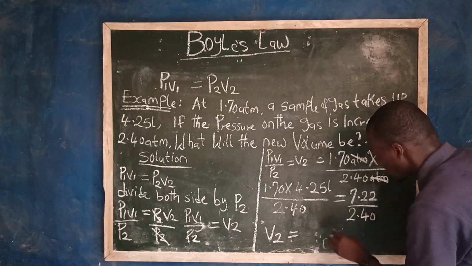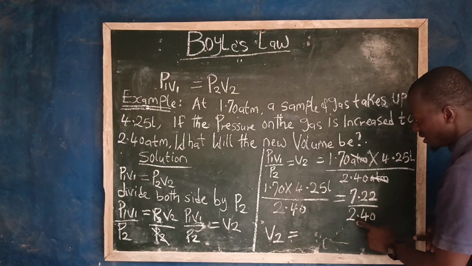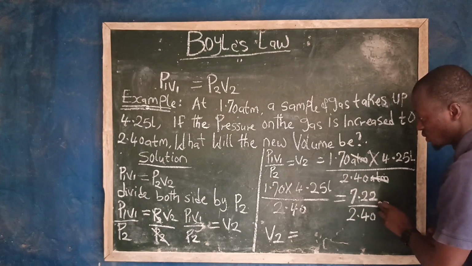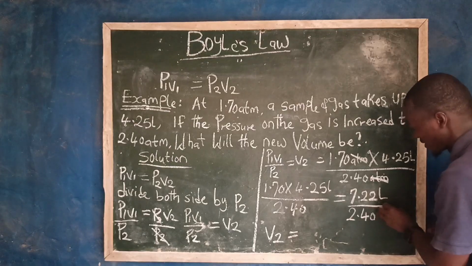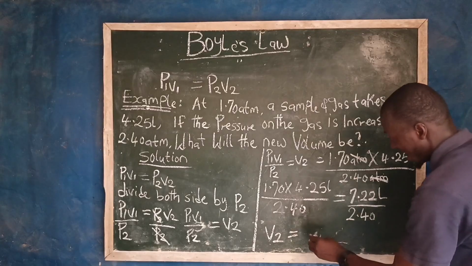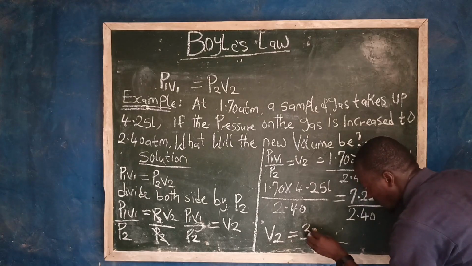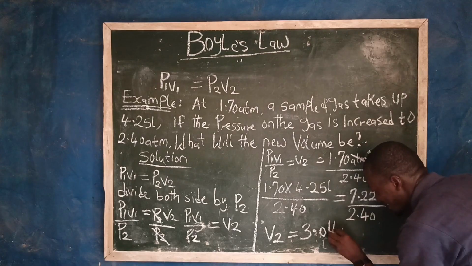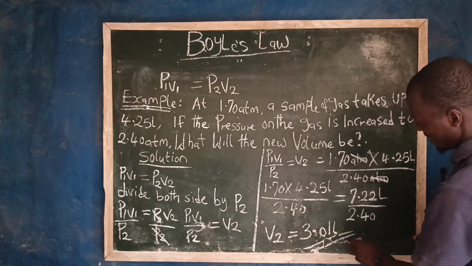V2 equals 7.22 liters. Don't forget to write your L, which is liter, divided by 2.40. We are going to have 3.01 liters. This is our final solution.